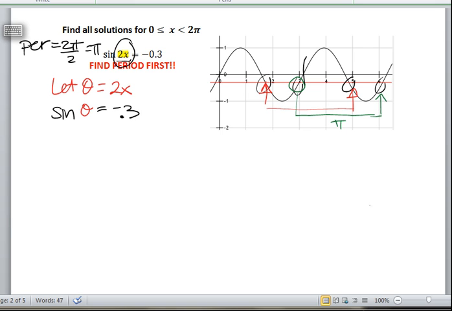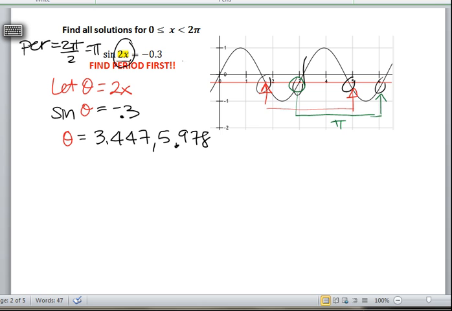Well, we looked at this previously, and we found out that theta is equal to 3.447 or 5.978.